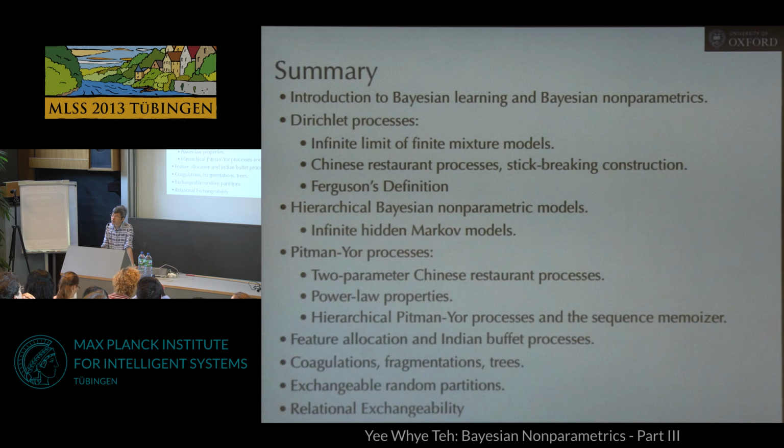Can you plug that into the fragmentation coagulation framework as well, where you define both the fragmentation and the coagulation in a consistent way? Because I think for the CRP you can do that, but I'm not sure about other processes.